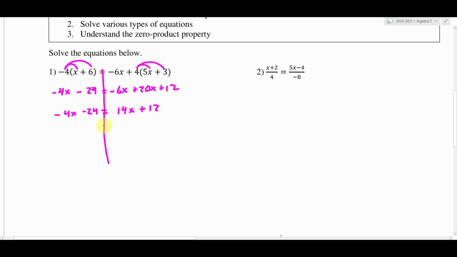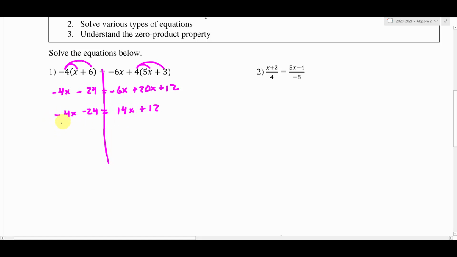All right. So now at this point I am going to start moving things from side to side. I want to get all my x's on one side of the equation and everything else on the other side. So I'm going to move this -4x to the right hand side with the 14x. The way I'm going to do that is by doing the opposite of what I see here.